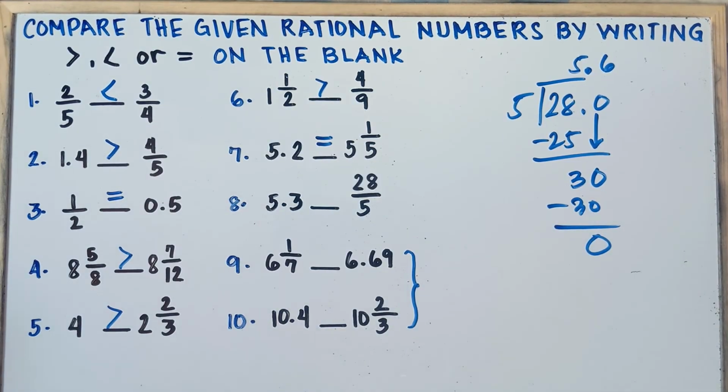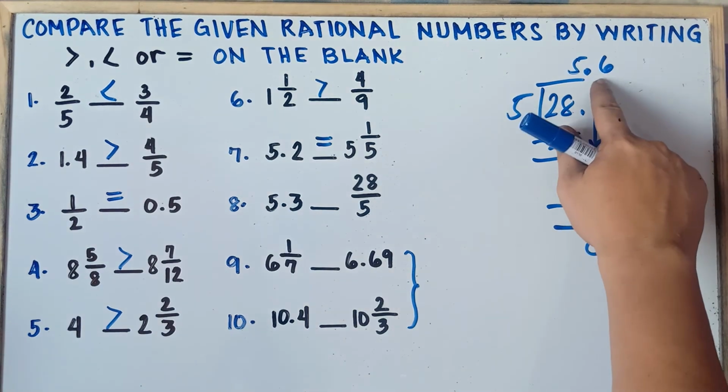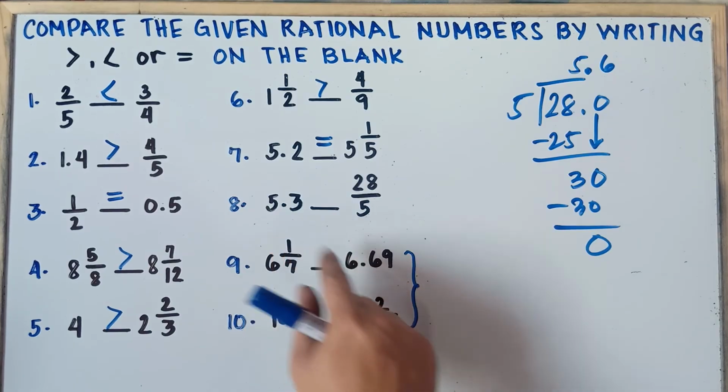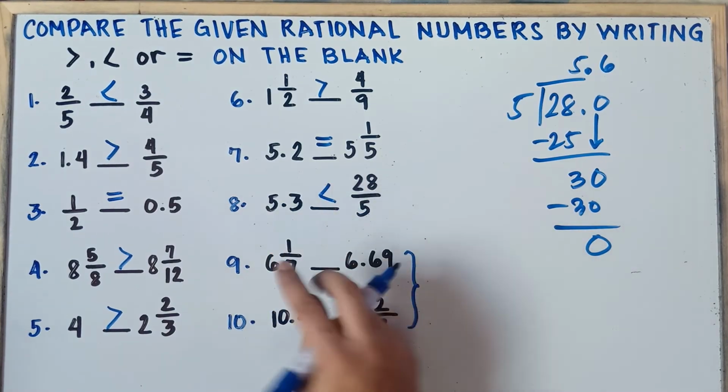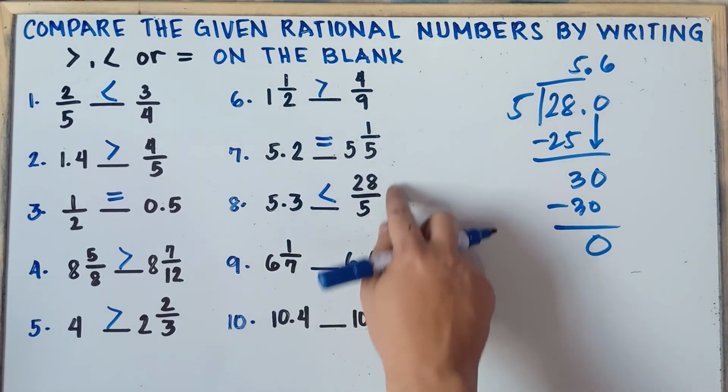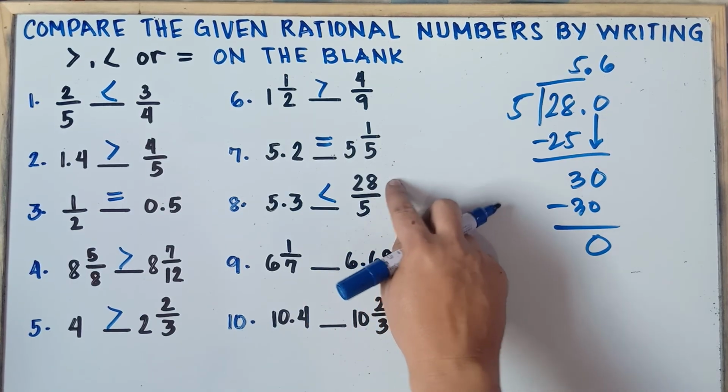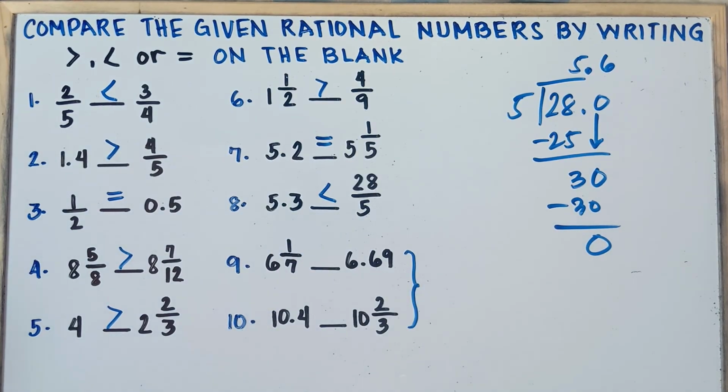Subtract, that is 0. So 5.6. So 28 over 5 is 5.6. Therefore, class, 5.6 is greater than 5.3. So therefore, this is less than, class. 5.3 is less than 28 over 5 because 28 over 5 is greater than 5.3.